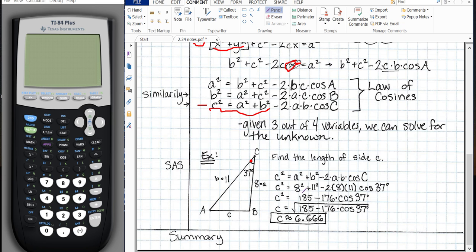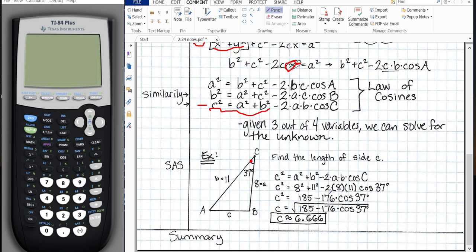Next, we're going to simplify. We square the 8, square the 11, find their sum, 185. Negative 2 times 8 times 11, all of that together gives us minus 176.